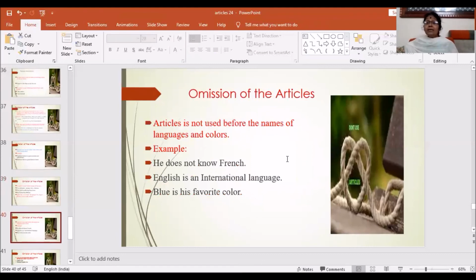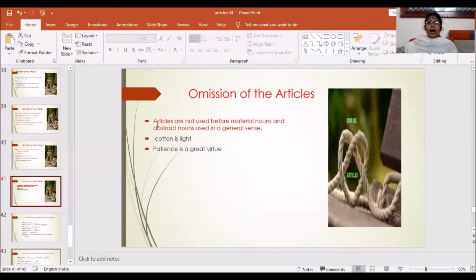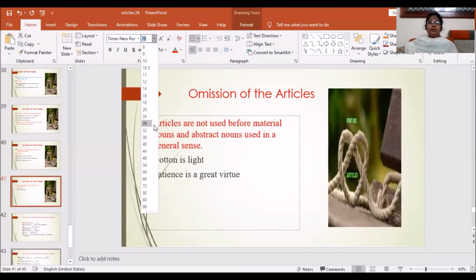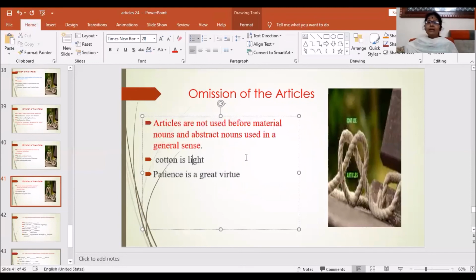Next, article is not used before the names of languages and colors, right? Before English we won't say the, right? He does not know French, right? English is an international language. Blue is his favorite color. We don't use the over here. Then next, articles are not used before material nouns and abstract nouns in general sense.